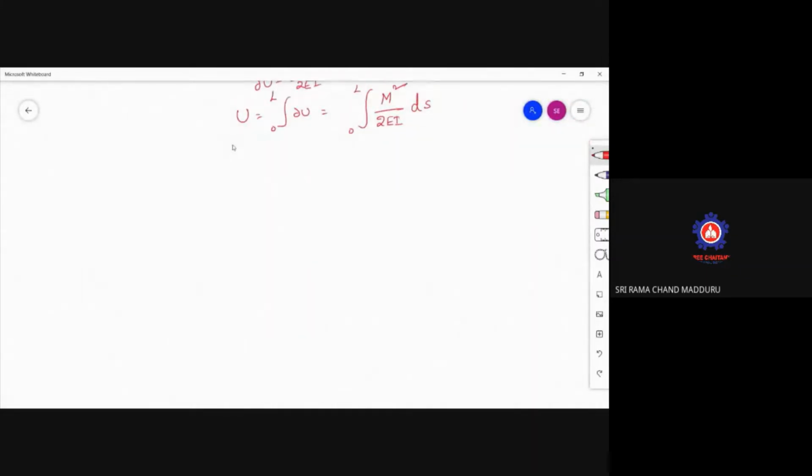Deflection at the point of application of single load. So here a load is applied. So wherever the load is applied, at that point, how to calculate the deflection?